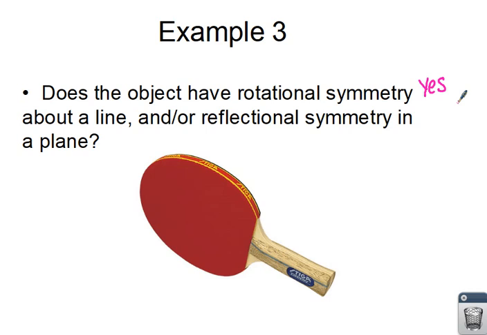But I can't rotate it with the handle going around. It doesn't work that way. And then, does it have reflectional symmetry? Can I cut it in half? The answer is yes to that one as well, because I can take it and cut it right down the handle in a couple different ways and have the same thing on both sides.